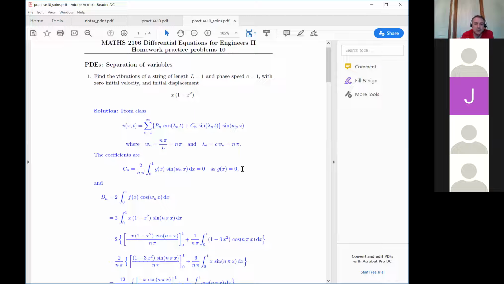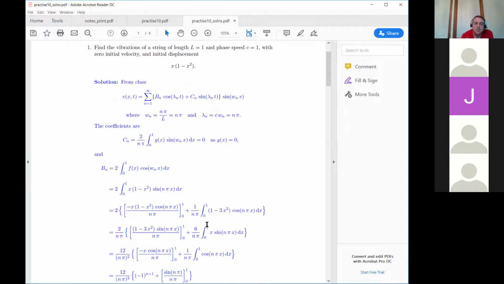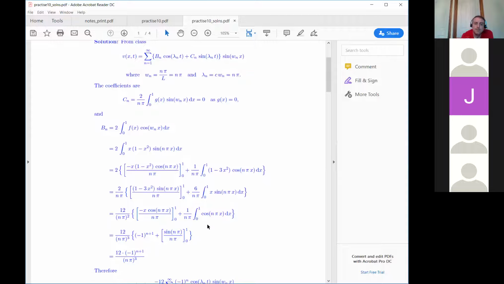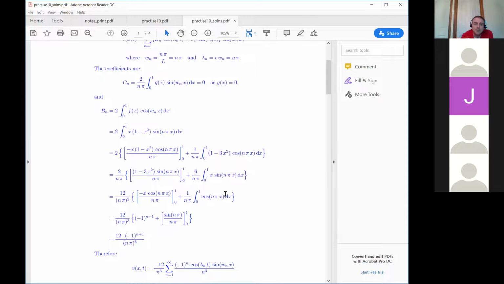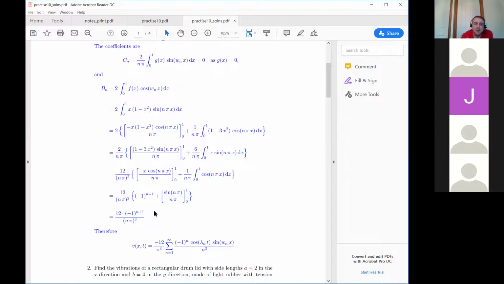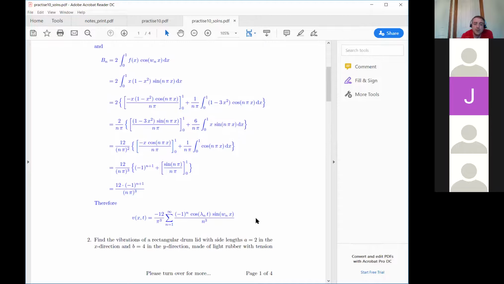The f of x he's used is this one here. This function here has ended up in this spot here. So then he's done an integration by parts, blah, blah, blah, and then got an answer. And so that's the answer.